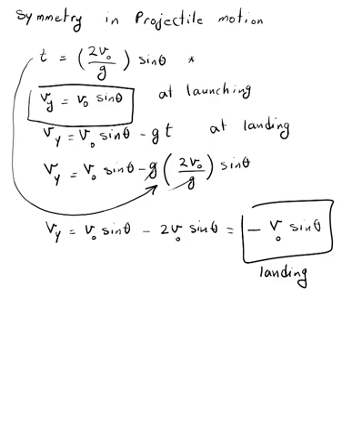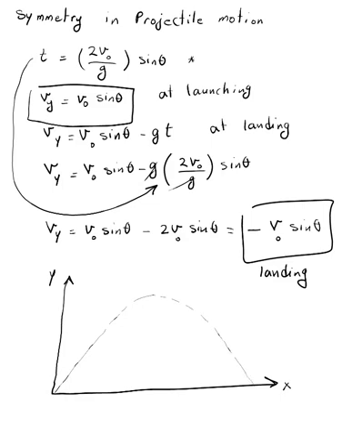So there is a nice symmetry with the direction of motion here. If the initial velocity is above the horizontal by angle theta, then the landing velocity is below the horizontal by the same angle. So let me just plot this for you. If this is x and this is y, when you throw this at any time, there is this nice symmetry for the velocity.